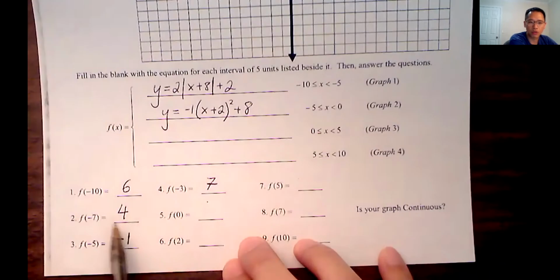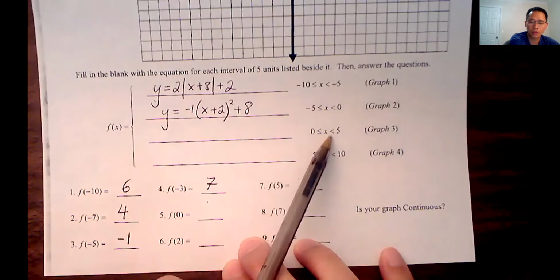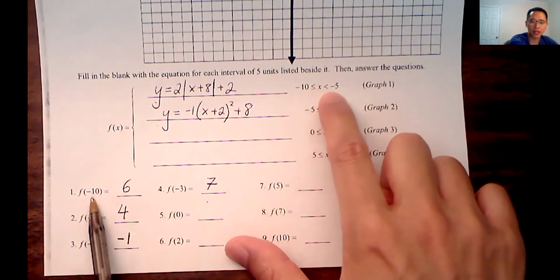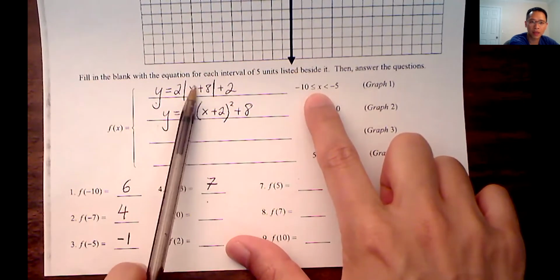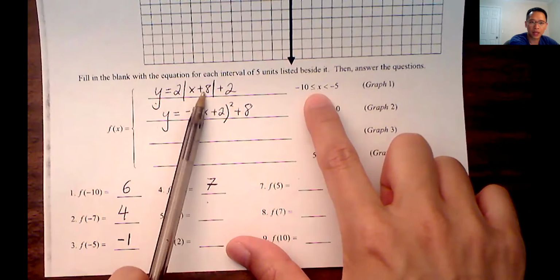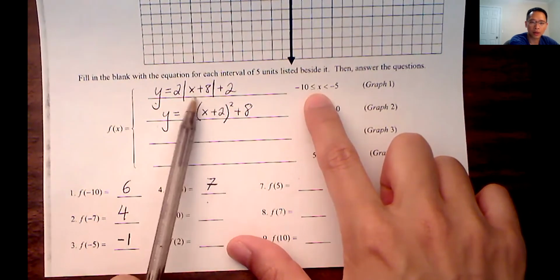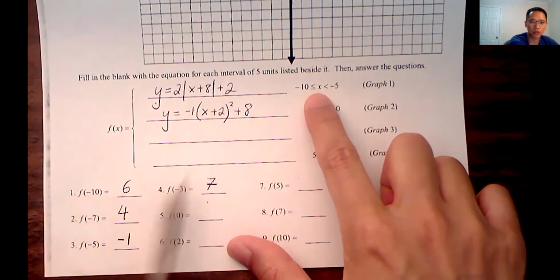And then you just have to be able to plug these values into the appropriate piecewise function based off of the restriction. So -10 falls between -10 and -5, so -10 is going to go into this piecewise function. Plug -10 in, and we get -2 plus times 2, which is -4 plus 2. We get 4 times 2 times 2, which is 4, plus 2, which is 6.